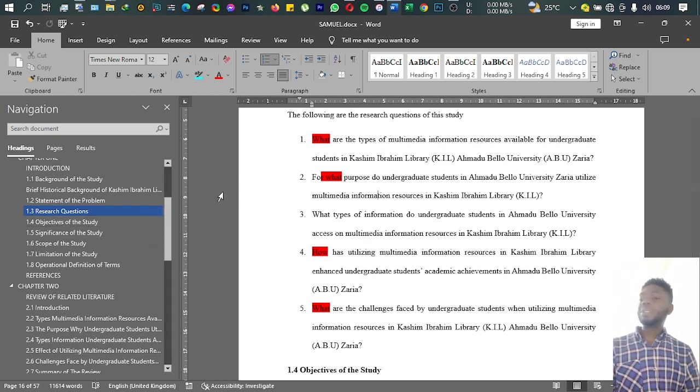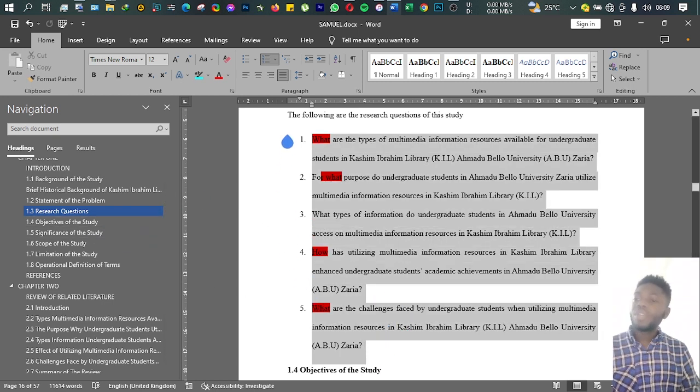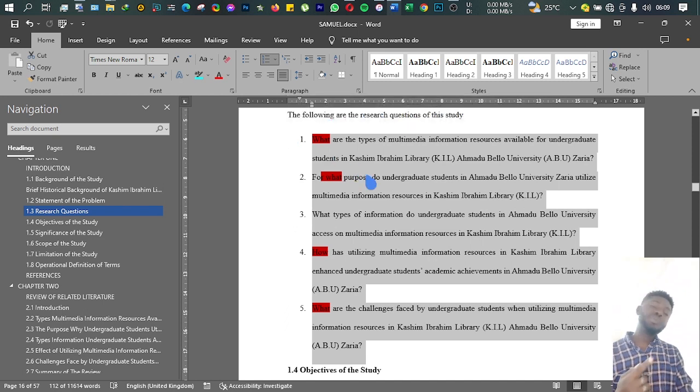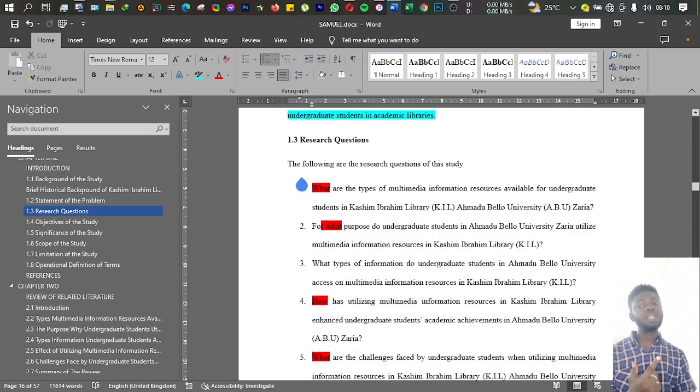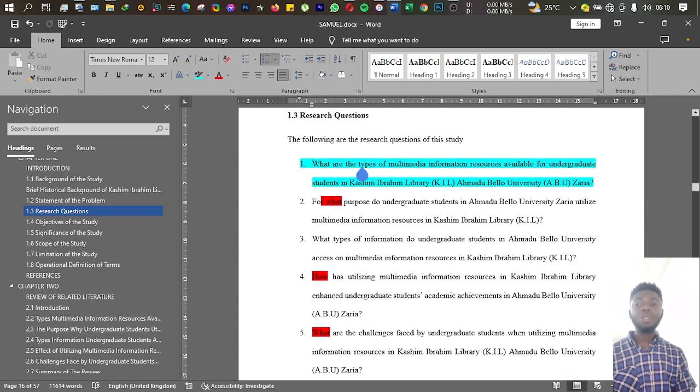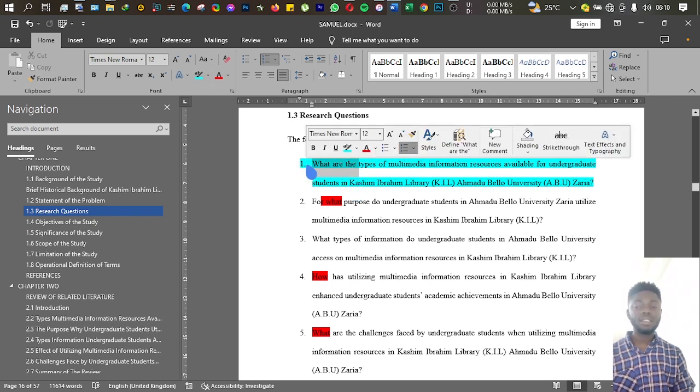Alright? So from your research questions, what you need to do to get your research objective is to do a conversion. Okay? So for instance, the first research question here is, what are the types of multimedia information resources available for undergraduate students? You can see this part, right? Now, to get your research objective, you just change some parts of the sentence.